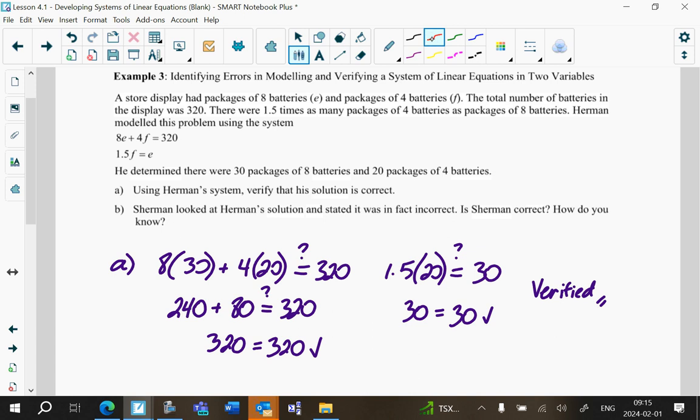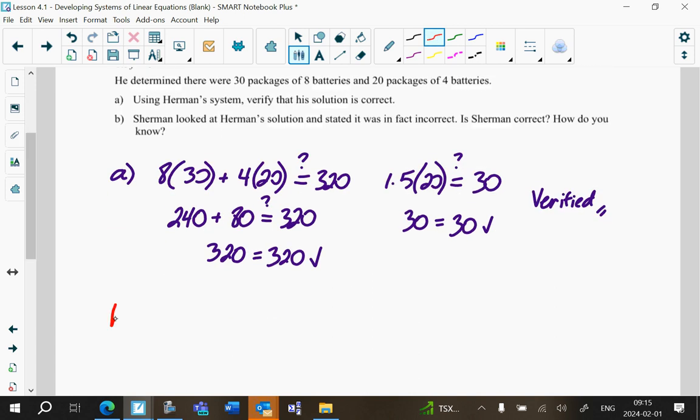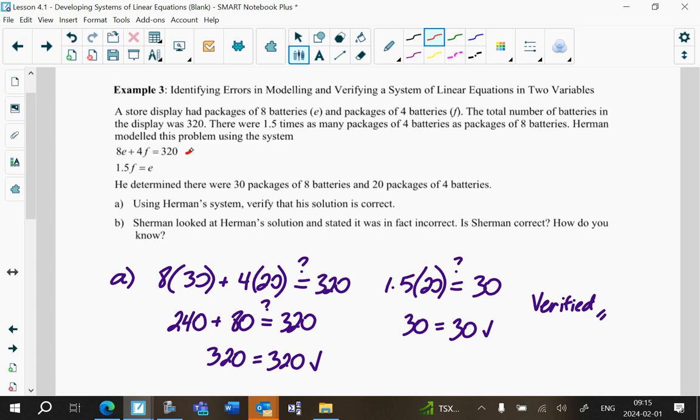Like this seems okay. There were 1.5 times as many 4s as 8s. Does that translate to this? What is this saying? That there are more 8s or more 4s?